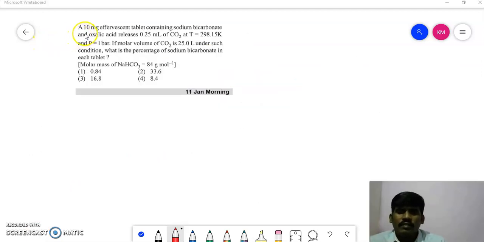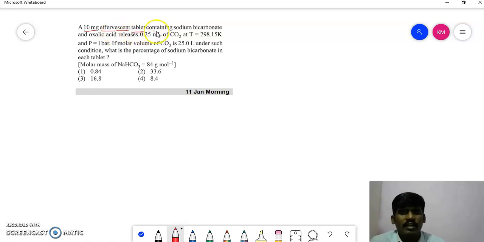See the next question given here. A 10 milligram effervescent tablet. Effervescent in the sense that it can release brisk fumes, which is possible with the evolution of carbon dioxide.